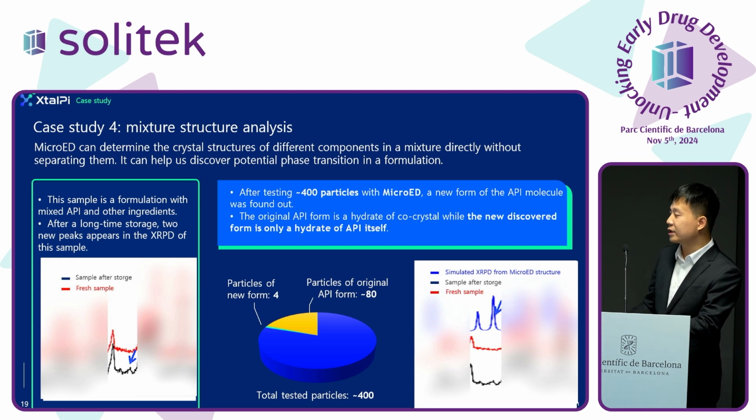We solved the structure using those 4 particles' data, and it turned out to be a new form of the API free base. Then we simulated the theoretical XRPD pattern of this new form, and you see the 2 peaks really agree well with the 2 new peaks showing up in the formulation.